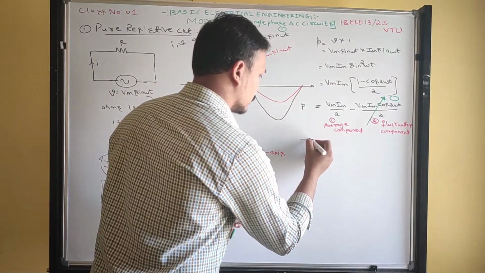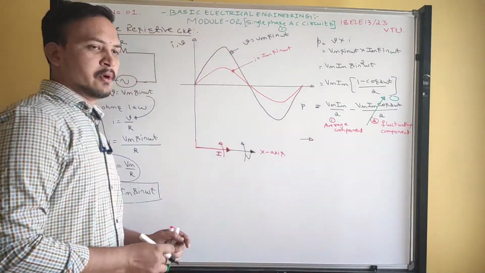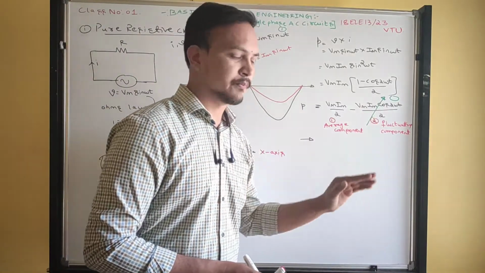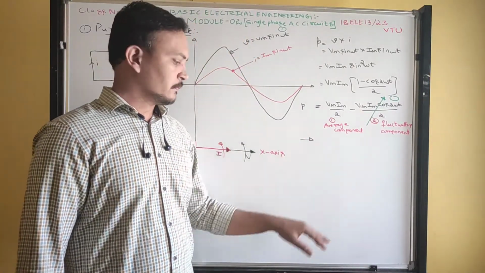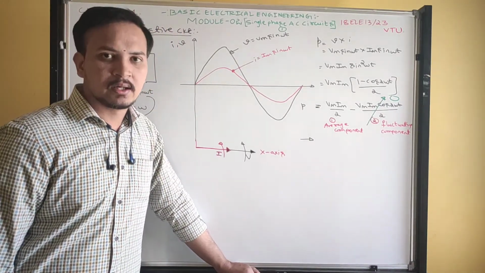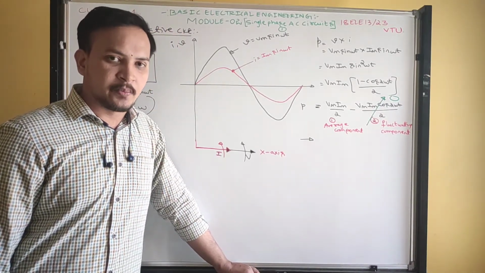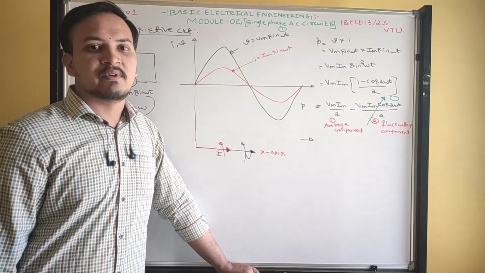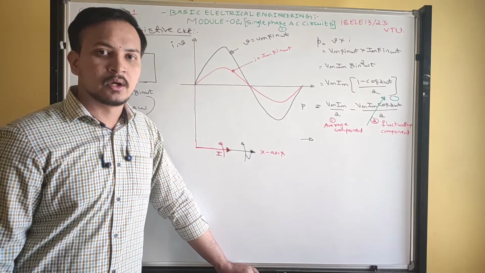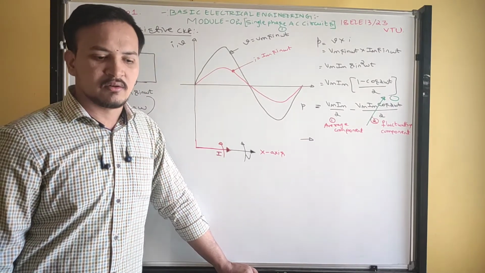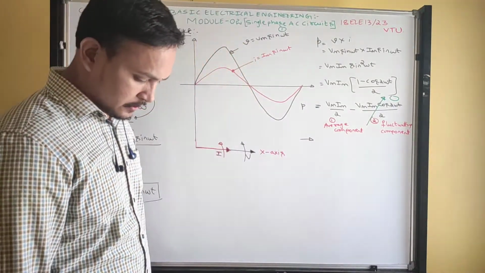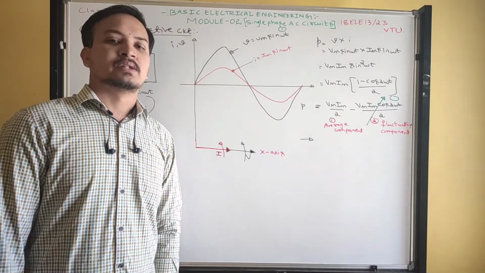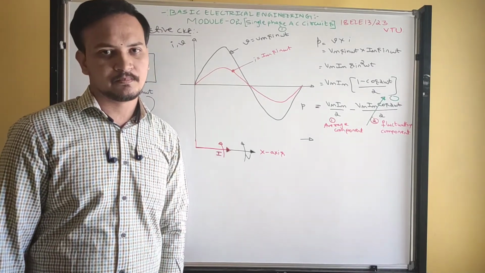Please write here; I will dictate one point on why I cancel this to 0. Copy down. If we integrate the fluctuating component over one cycle, its average value is always 0.